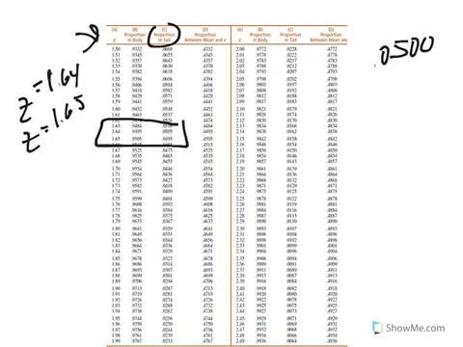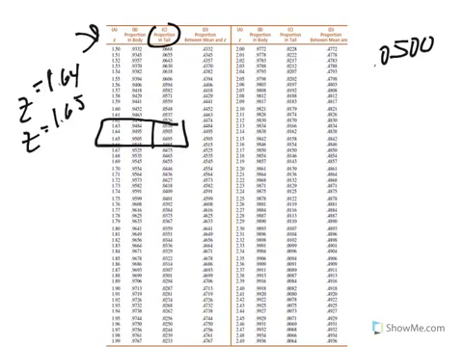So again, what we see in the area in the tail for 1.64 is the proportion of 0.0505. And for 1.65, the area in the tail is, and again I'm focusing over here, 0.0495.